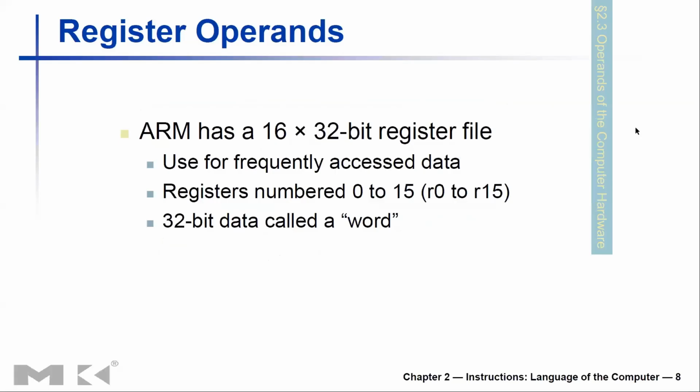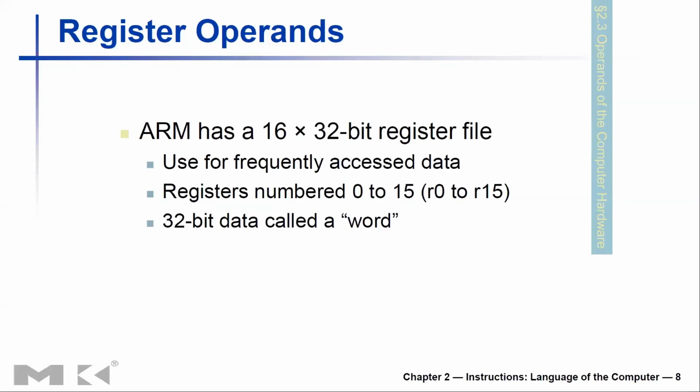If you consider the ARM processor, the number of registers available is 16. So in the ARM processor, you have 16 registers, each of which is 32 bits in size. So it has 16 32-bit registers.